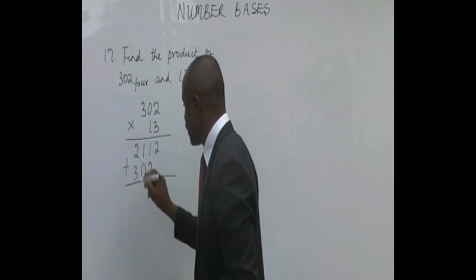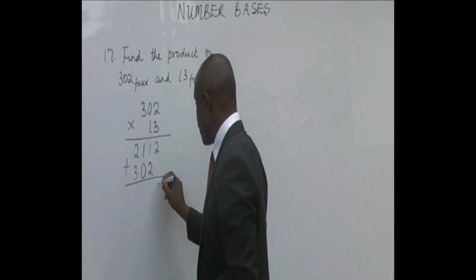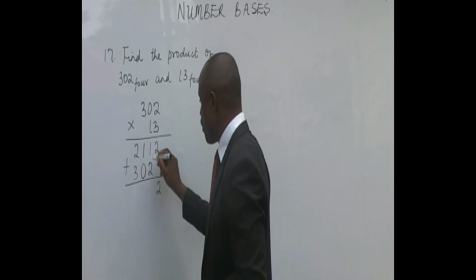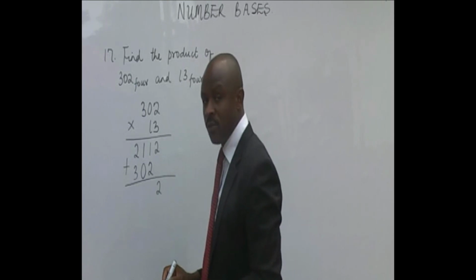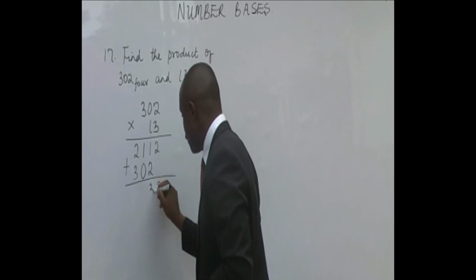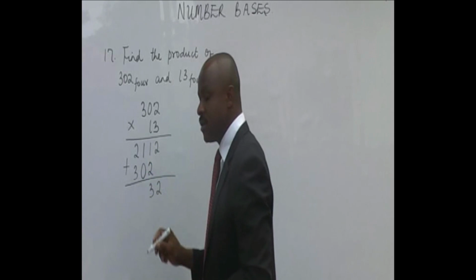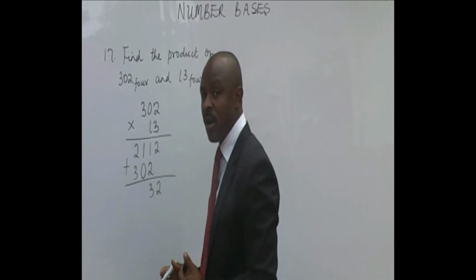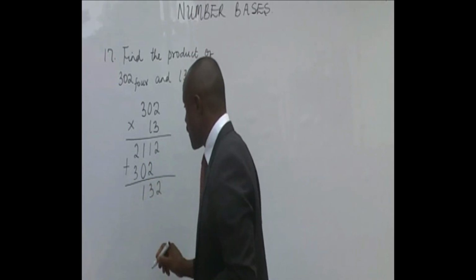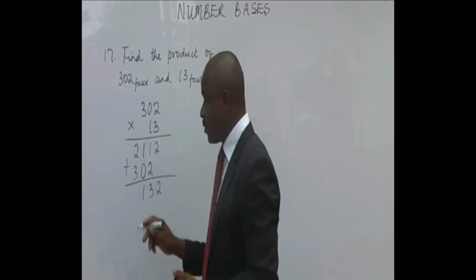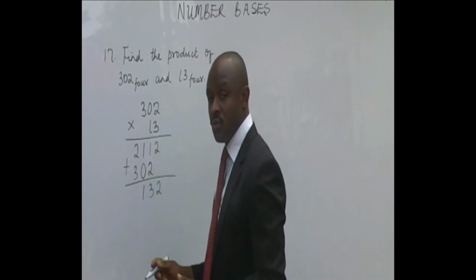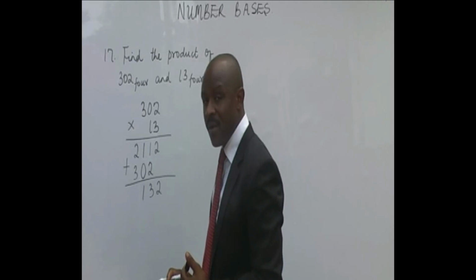Now add. Bring down these 2. 1 plus 2 is 3. 3 is not up to 4. Bring it down. 1 plus 0 is 1. 1 is not up to 4. Write it down. 2 plus 3 or 3 plus 2 is 5. 5 is more than 4.